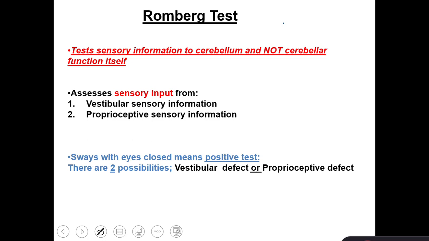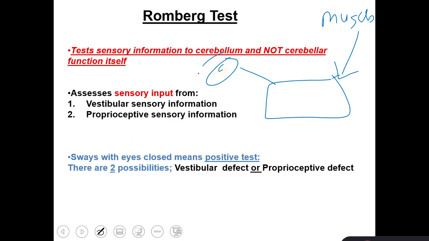There might be a problem in the sensory inputs coming to the cerebellum. So again, the cerebellum receives inputs from three sources: muscles, which is the proprioception pathway, eye, vision, and ear, vestibular apparatus.